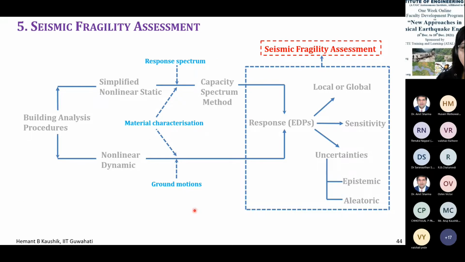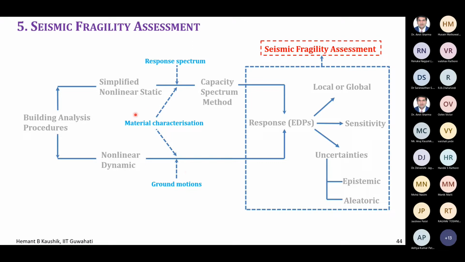Then the final part of the study is the estimation of seismic fragility. What we have done is consider the buildings, use nonlinear static and nonlinear dynamic analysis, use the response spectrum, vary the material properties, vary the ground motions, combine them, and get the responses using the two methods.